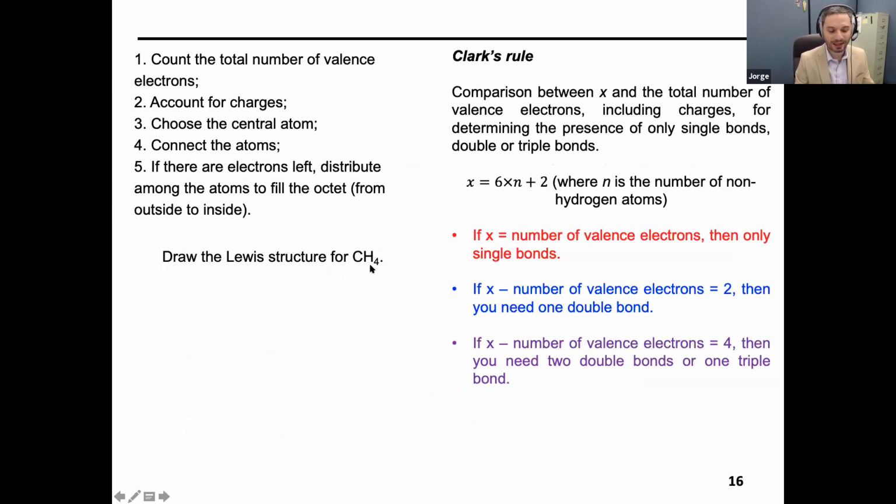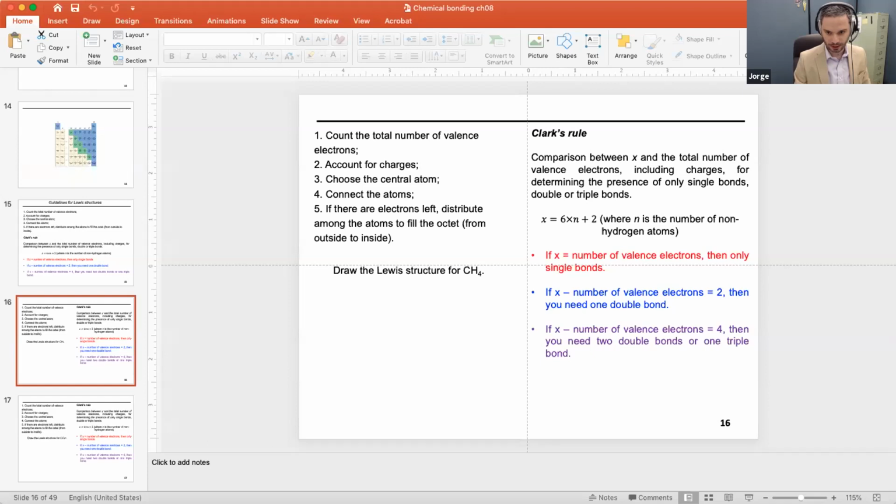This is the methane gas, formed by carbon and hydrogen, so therefore it's a covalent compound. Okay, so let me switch to my other screen here, and I can make some notes.